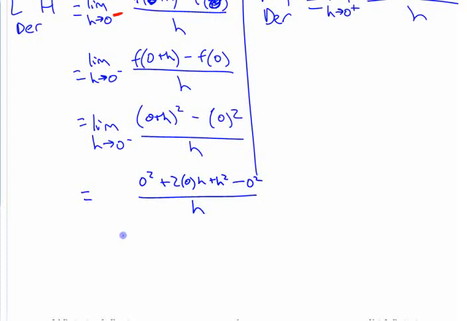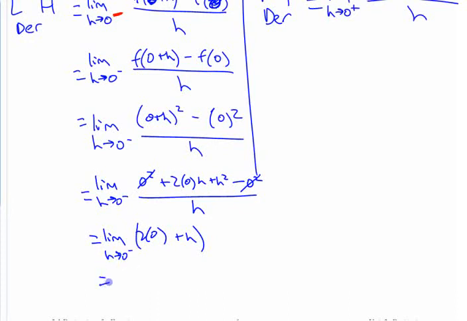Good, eh? What do I end up with there? All of this cancels out. I end up with 2 times 0, or in other words 0 plus h. Right, the limit of that.